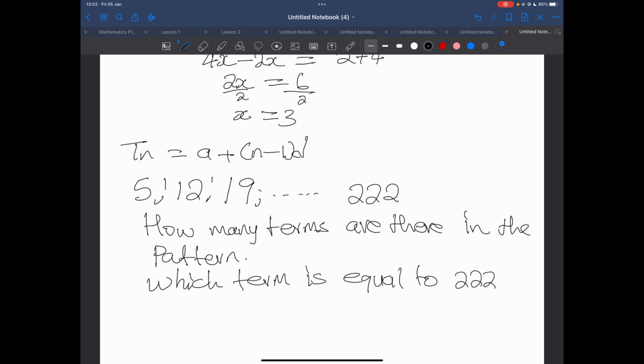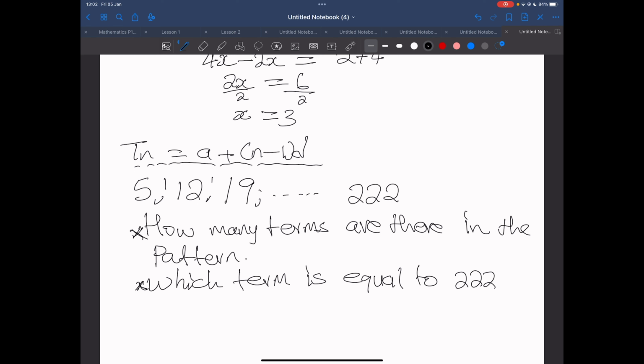This is the same as asking how many terms are there in the pattern. These two statements mean the same thing. So we are going to use our term n to answer such a question.